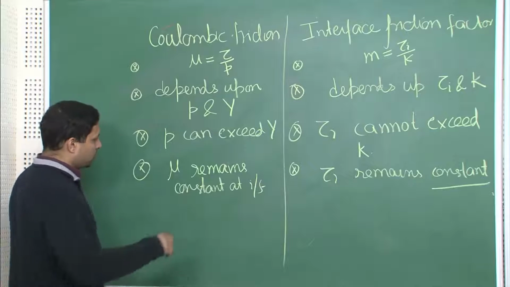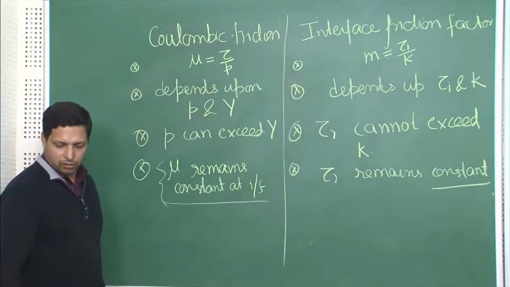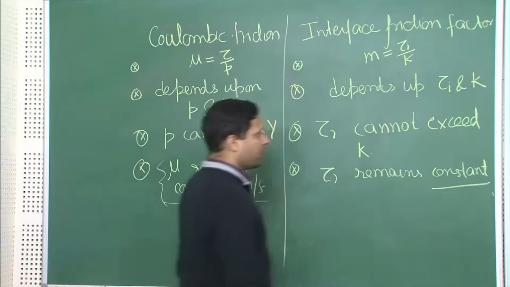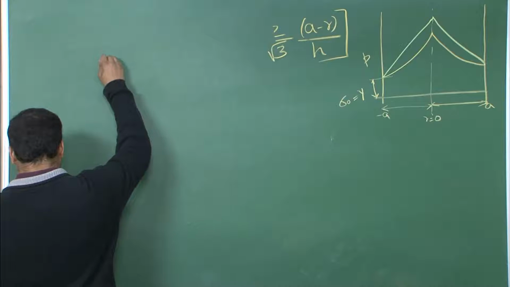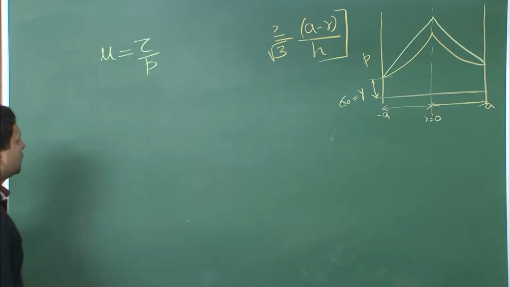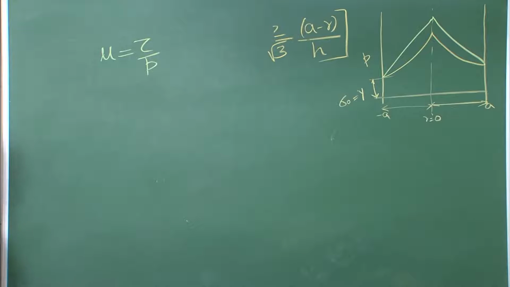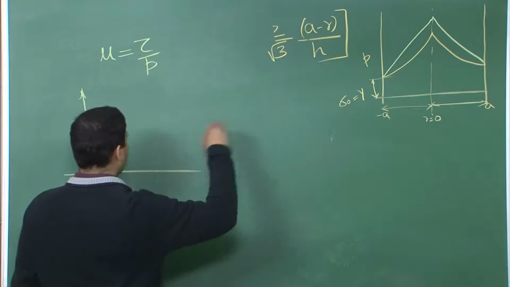Now the question is, does this mu really remain constant at the interface? Why am I asking this? Let us take a look at it over here. Mu is defined as tau over P. Now, if tau is the shear stress acting on the interface and it remains constant, but our P we have seen is varying like this.